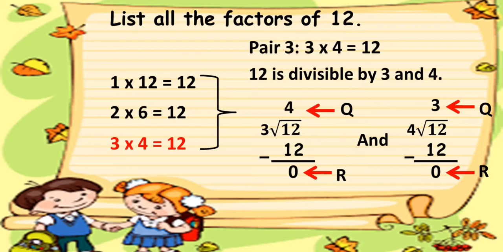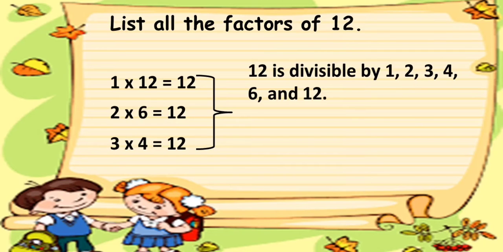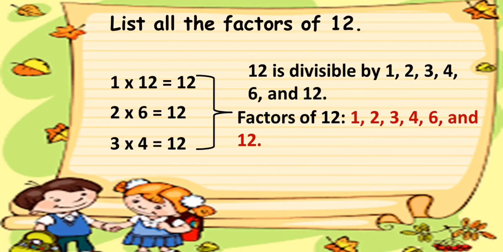So, 12 is divisible by 3 and 4. 12 is divisible by 1, 2, 3, 4, 6, and 12. So, the factors of 12 are 1, 2, 3, 4, 6, and 12.